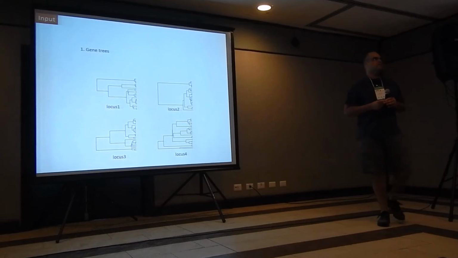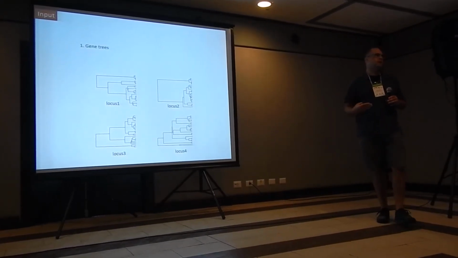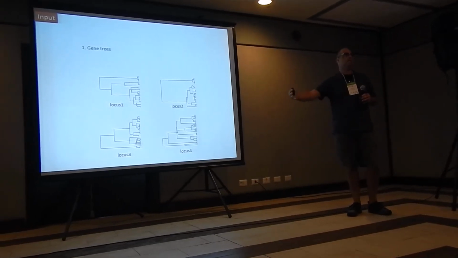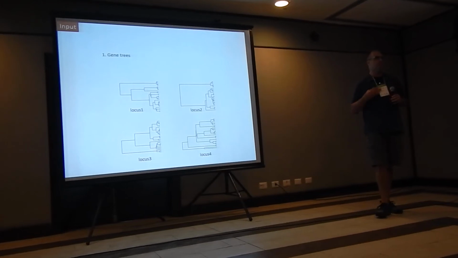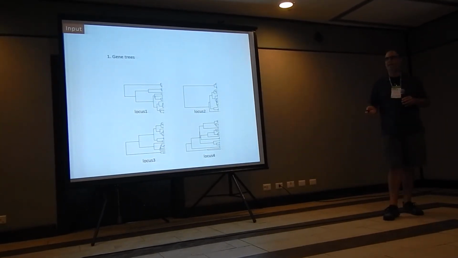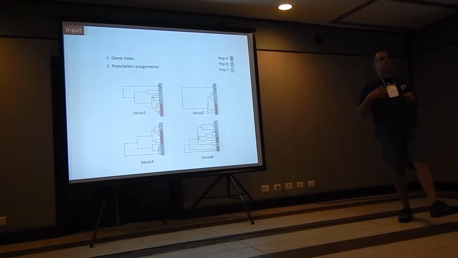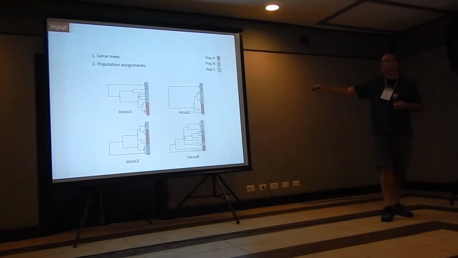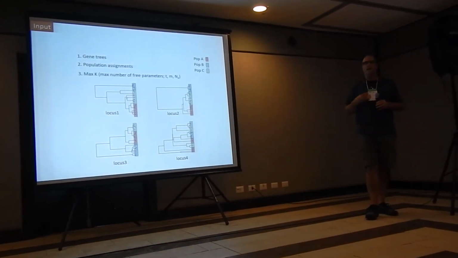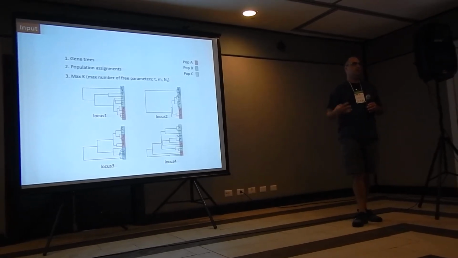So what FRAPL does is it uses observed gene trees from the data. And gene trees are, of course, a way of summarizing phylogeographic data that date back to some of the earliest phylogeographic studies. Many of the talks that we've seen today and yesterday have included gene trees as part of the analysis. And so what we need to start a FRAPL analysis are gene trees, assignments to populations. So here we're using 3 populations, A, B, and C. And the number of parameters that you want to include in your analysis.